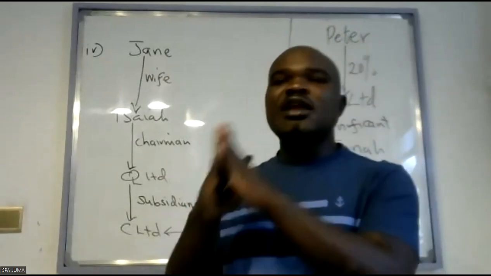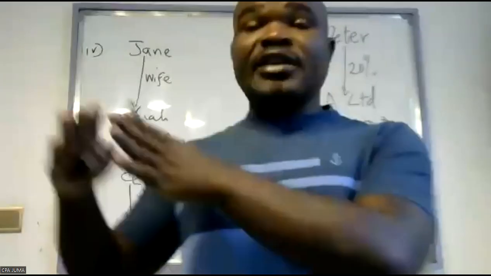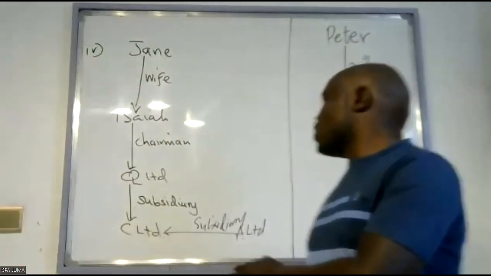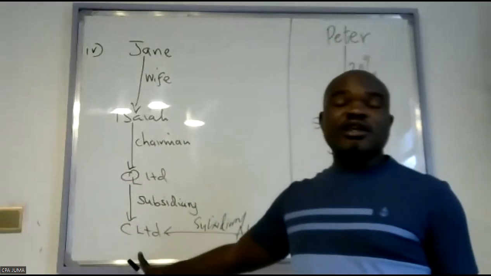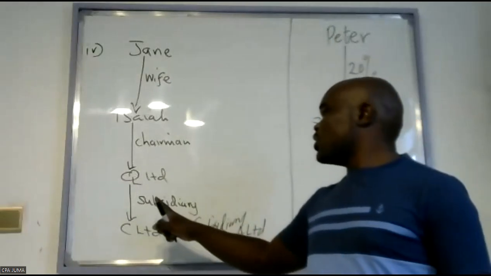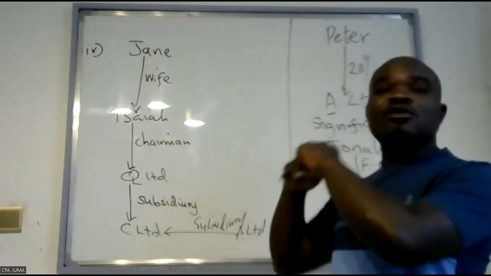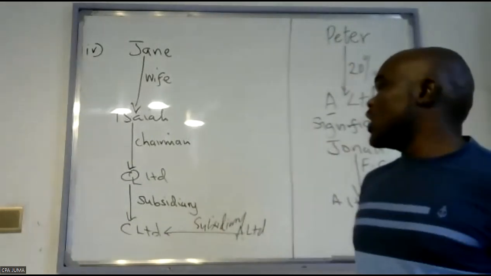Provided you are a subsidiary, associate, or a joint venture of a certain company, you and that company are related parties. So A and C are related because C is the parent company to A. Those ones are related without any question.